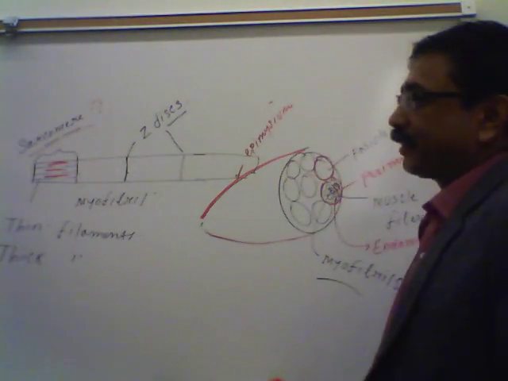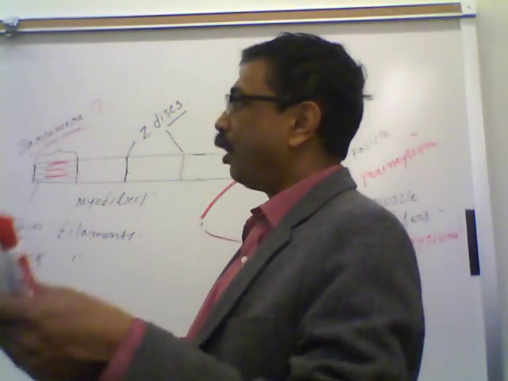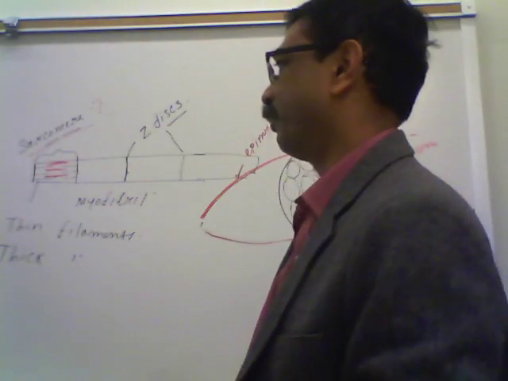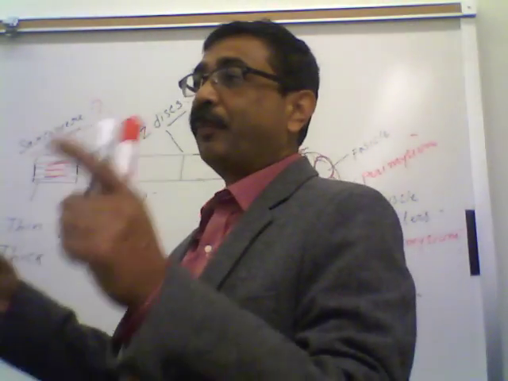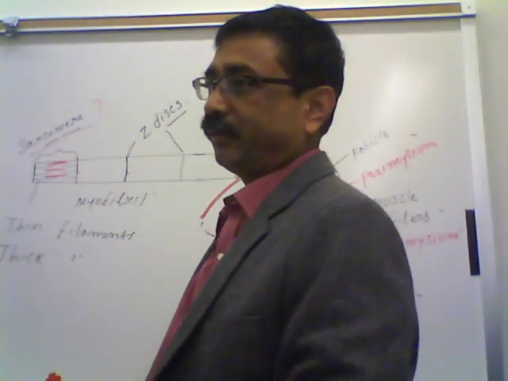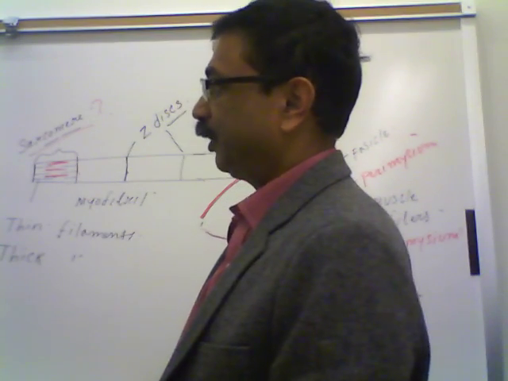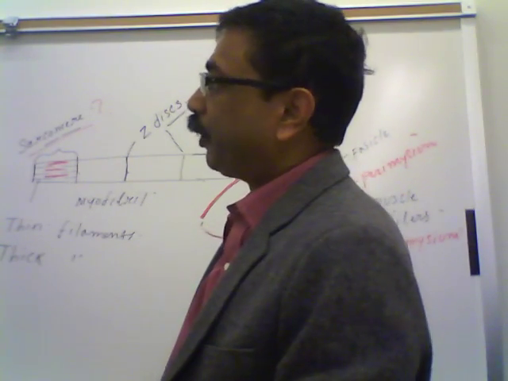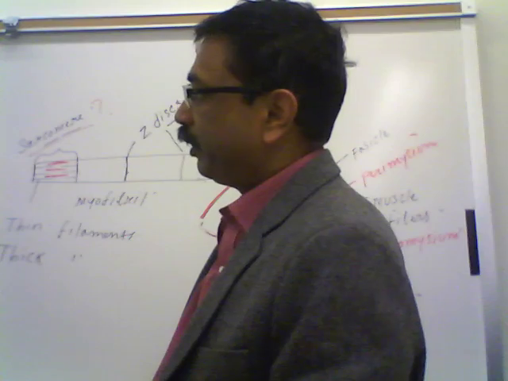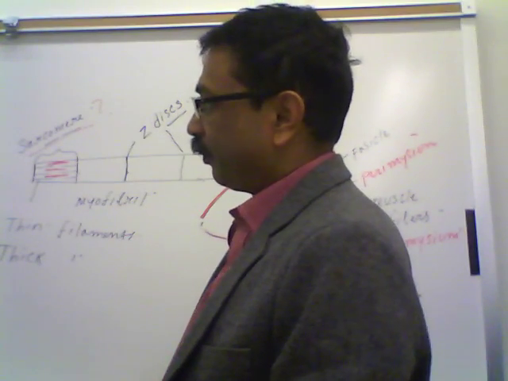Skeletal muscle fibers, as I have mentioned already, are long cylindrical muscle fibers. The length could be up to 30 centimeters. So very long. Multiple peripherally located nuclei. Many mitochondria are present.